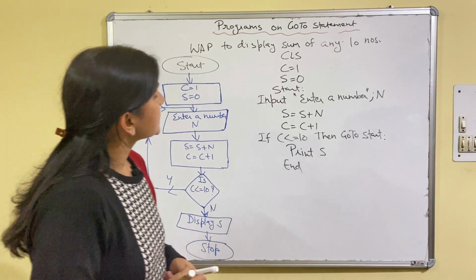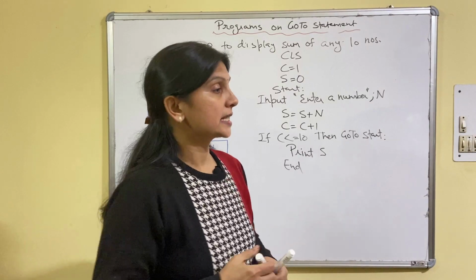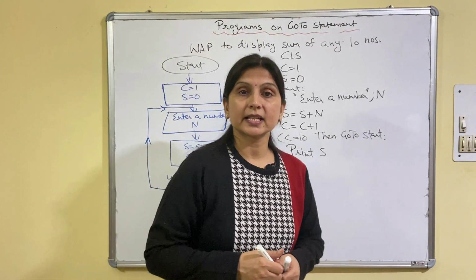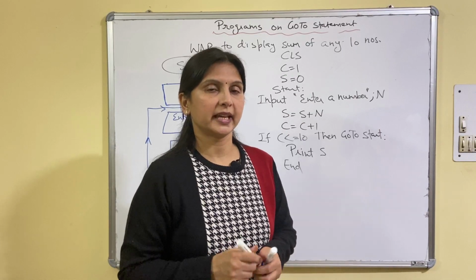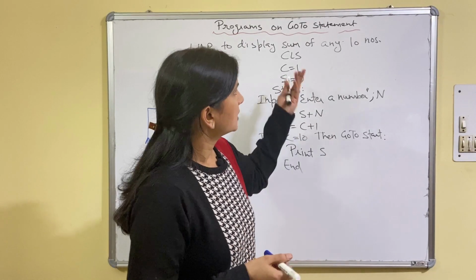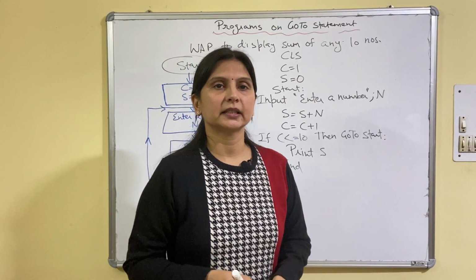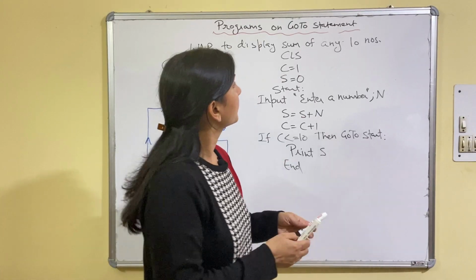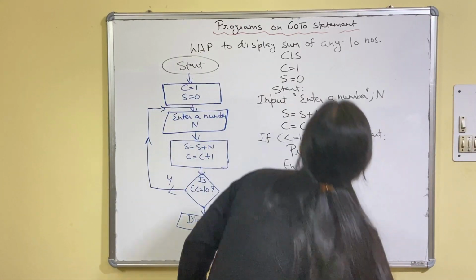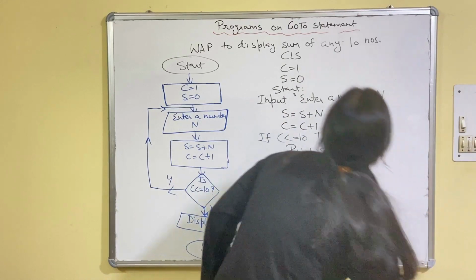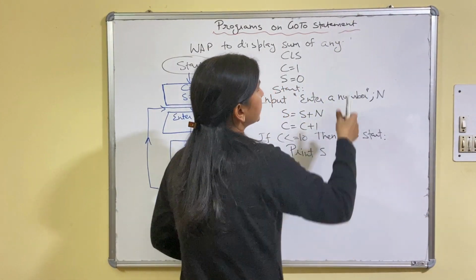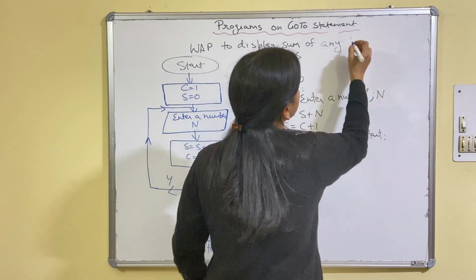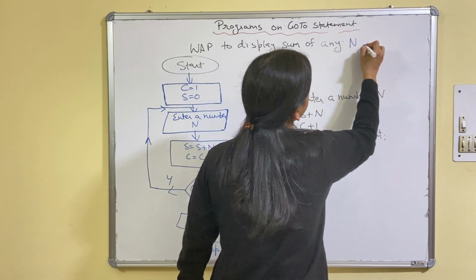Okay. In the same program, if I say display sum of any n numbers, suppose we don't know how many numbers are there, so what will I do? In case of 10, we used a fixed count; now we will use any n numbers.